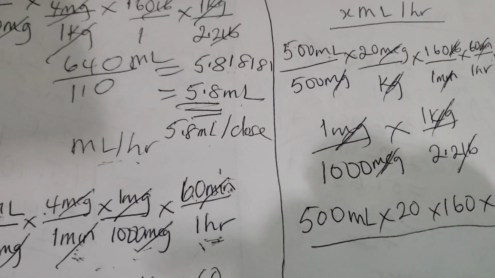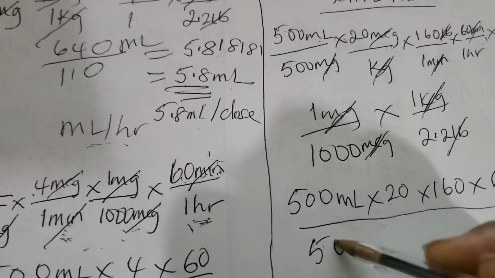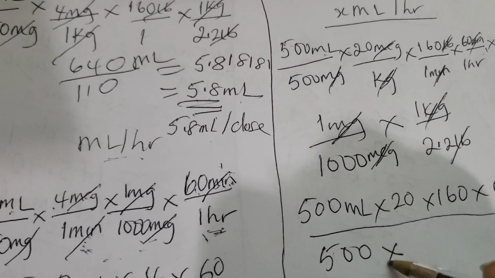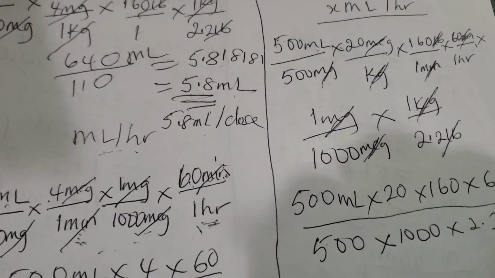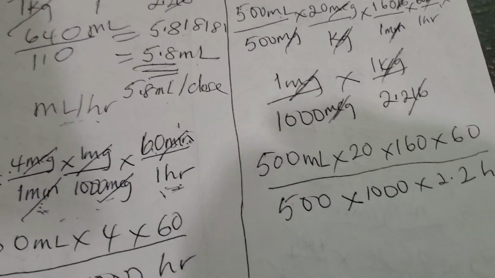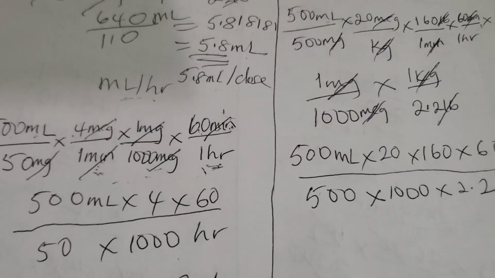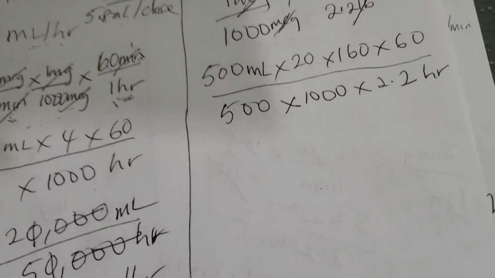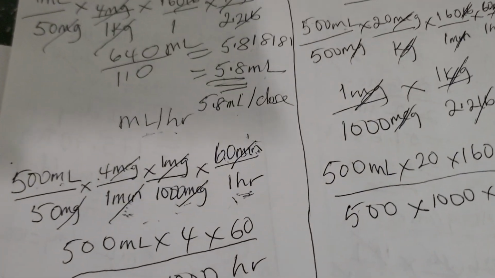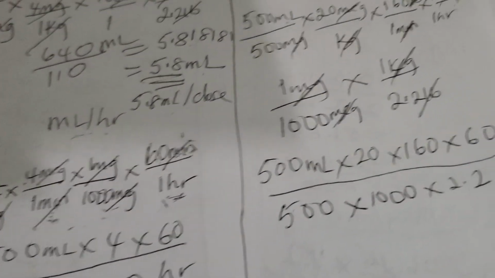Then we have 500 times 1,000 times 2.2, and then the hour. I'll bring it. Okay. All right. Let's calculate them and see the answer we will get, our final answer.